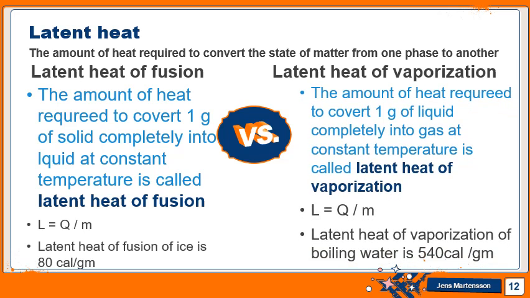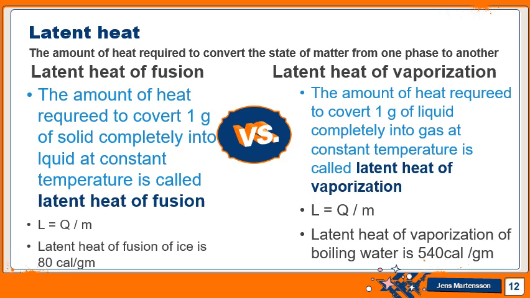The remaining is all the same, and the formula is the same. The amount of heat energy required to convert 1 gram of a liquid completely into a gas at a constant temperature is called latent heat of vaporization, not fusion. And L is equal to Q by M.